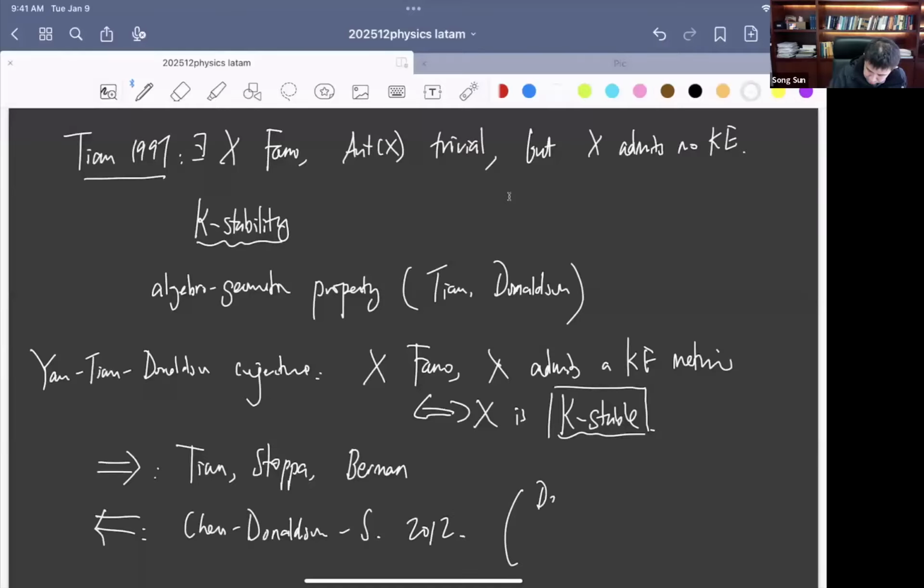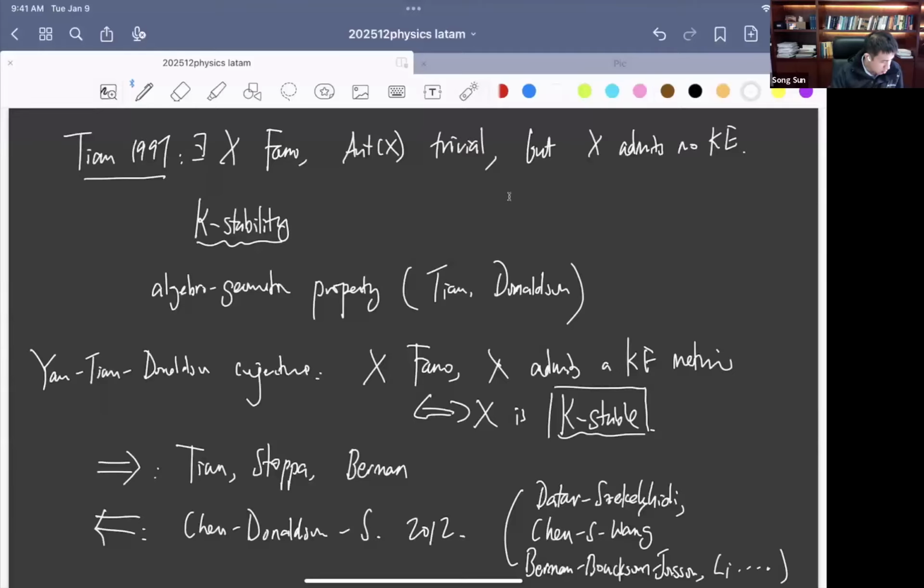That's the interest data, Zakini, and work with Chen and Wang using Ricci flow, and Berman, Song, Yangsen, Xi Li, and this is a more variational approach.